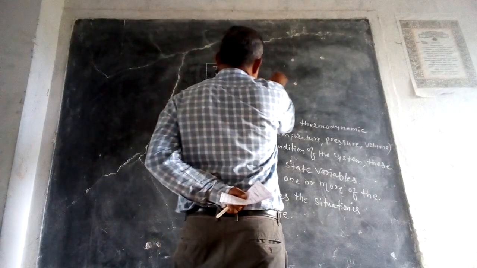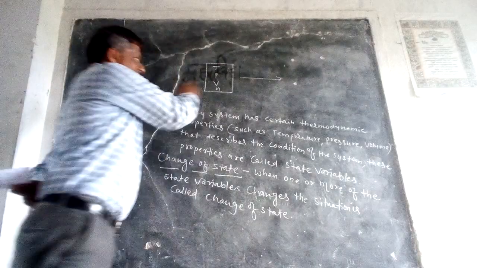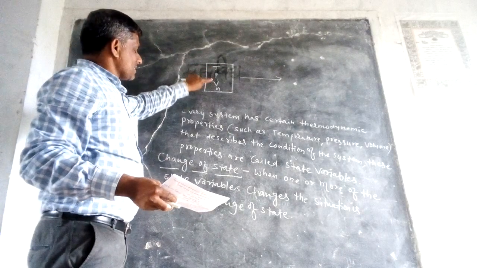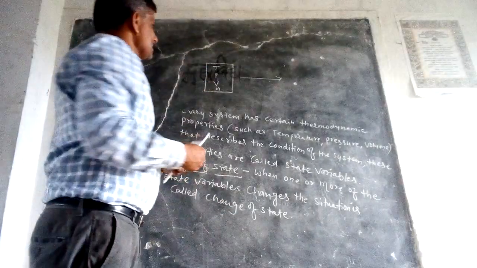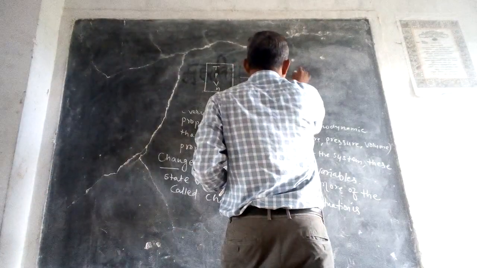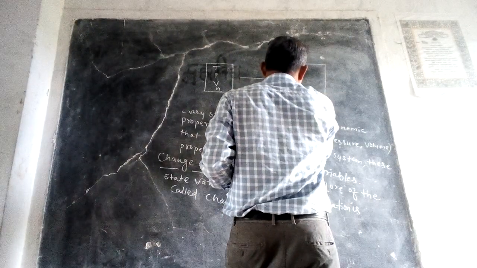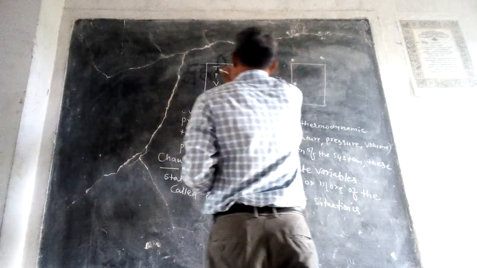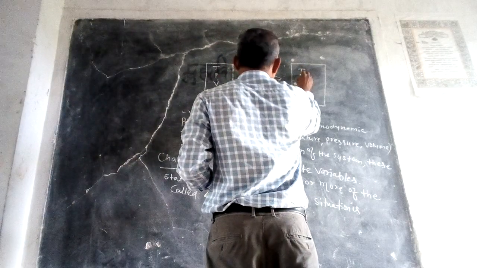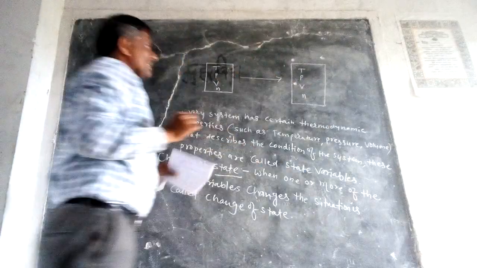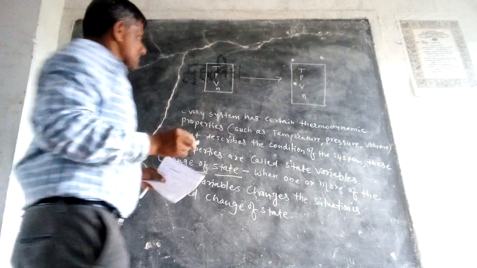This is the system having some state variables, and this system is going to change in condition, with the same temperature T, pressure P, volume V, and N the number of moles present in the system.